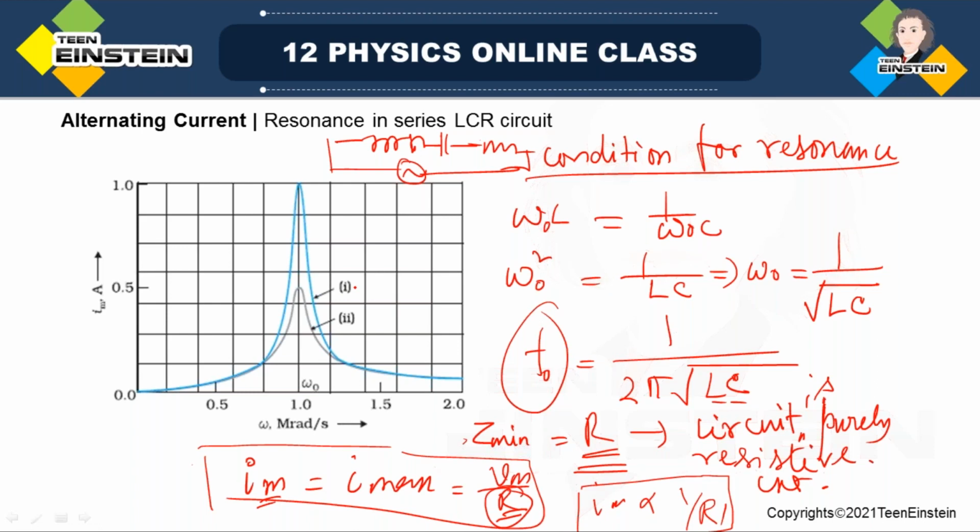Now there are two resistance values. For curve 1, R is equal to 100 ohm, and for curve 2 it is 200 ohm. So you can see the maximum value of the current is reduced by almost half. For case 1 resistance is less, for case 2 resistance is more. And this is a typical resonance curve with frequency.